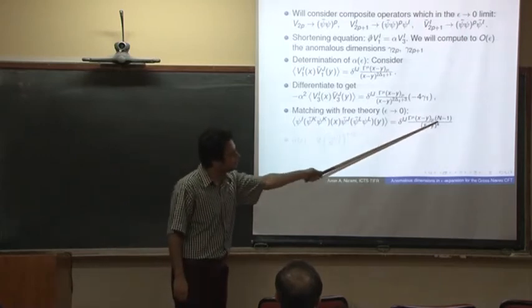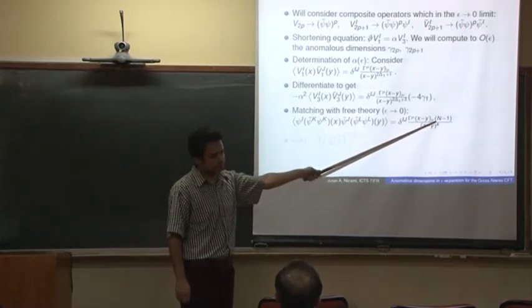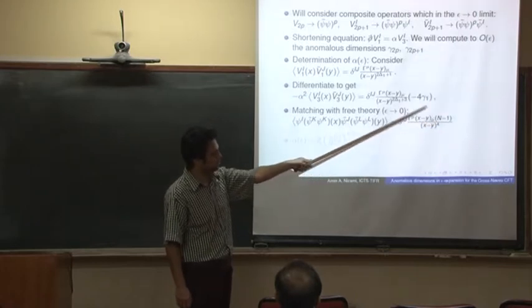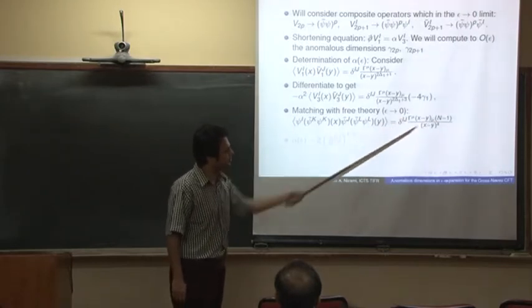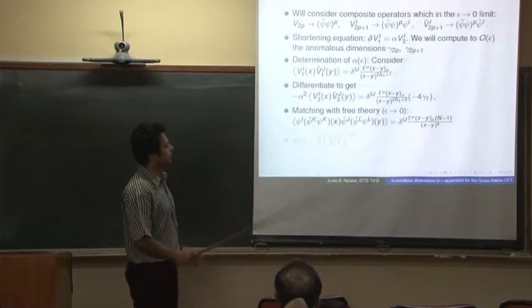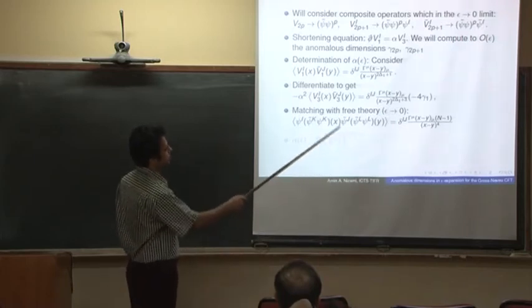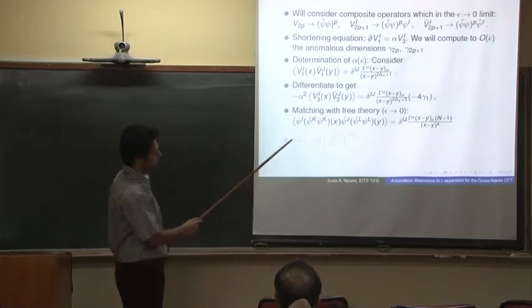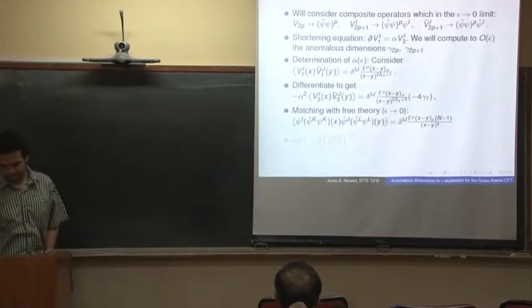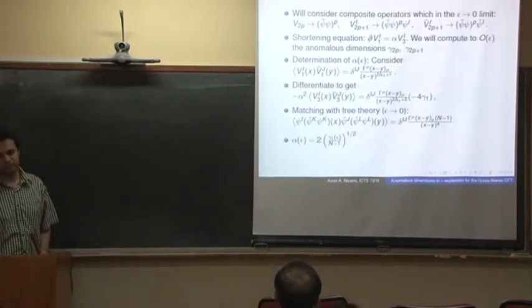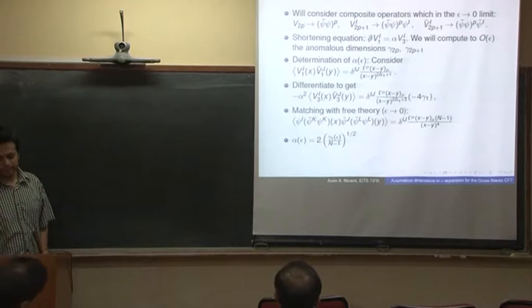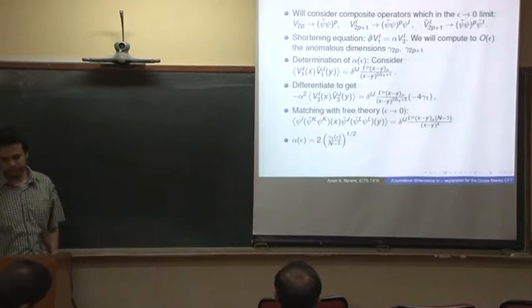It will give you a factor of n minus 1, where n, remember, was 2 times the number of fermion species. This is what you get. And now you just match both sides. It turns out del psi is just this quantity, so it's determined in terms of the leading order anomalous dimension for the operator V1.